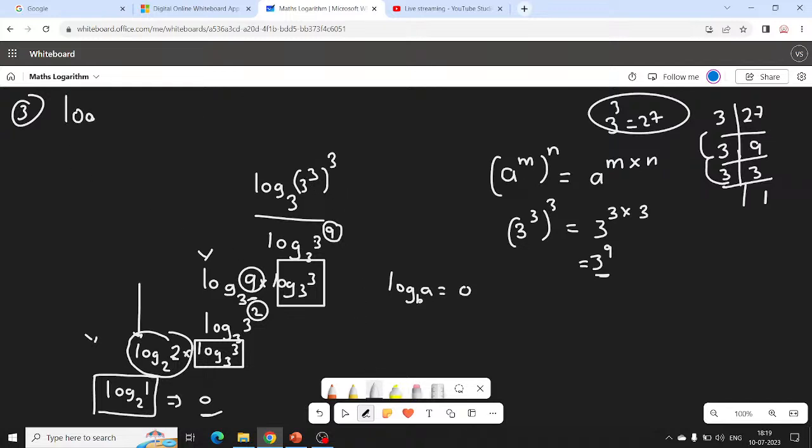Okay, the question is log base 2, then again log base 2, then again log base 2, again log base 2, and the number is 65536. Start.